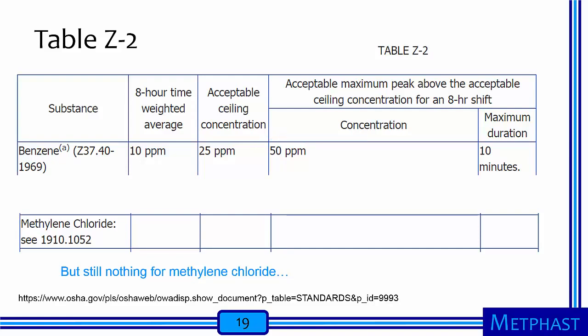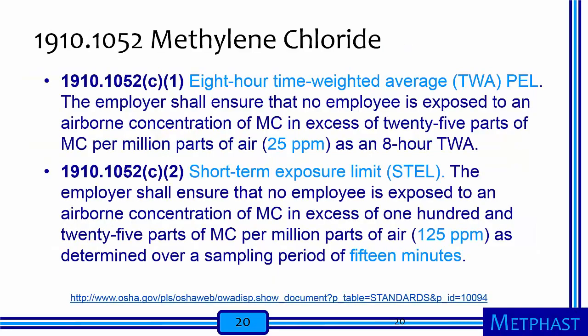But there's still nothing for methylene chloride, except for another footnote, which says to see 1910.1052. So I go to 1910.1052 to find this. The 8-hour time-weighted average permissible exposure limit is 25 ppm for methylene chloride.